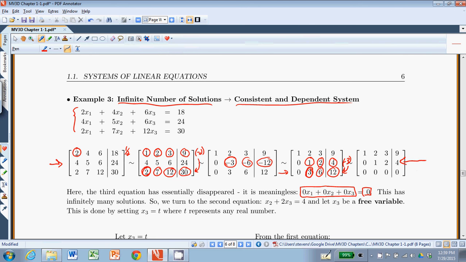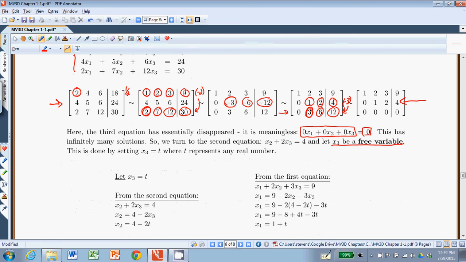And what I do is I get to have a free variable. So I'm going to let x3 be a free variable, and to indicate that, I say let x3 equal t. Here t is a parameter. It can be any number.